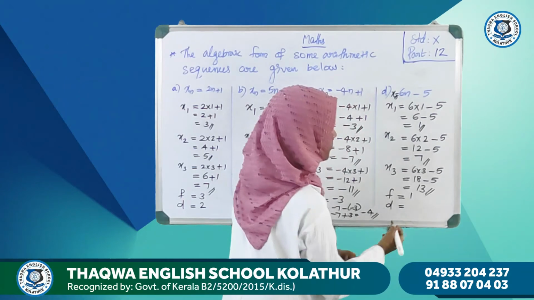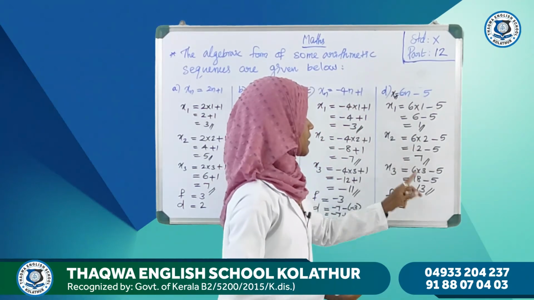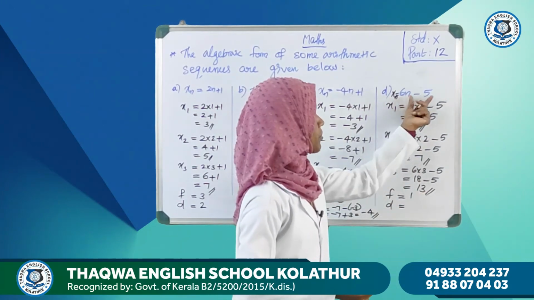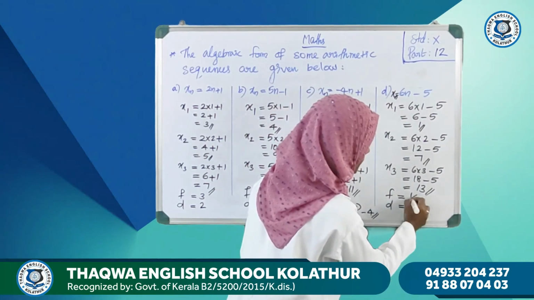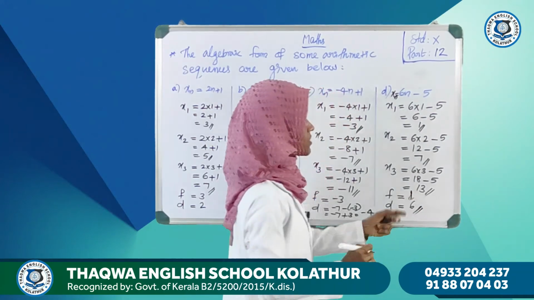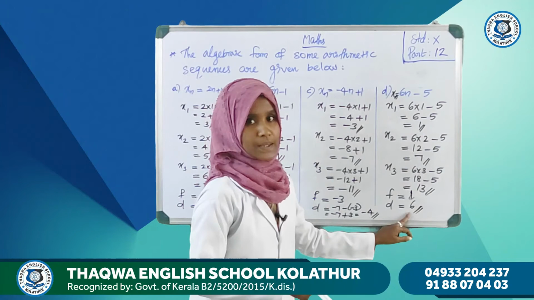Common difference: 1, 7, 13, etc. So what is the common difference of this sequence, 6n minus 5? This is 6. Okay. So first term is 1, common difference is 6.